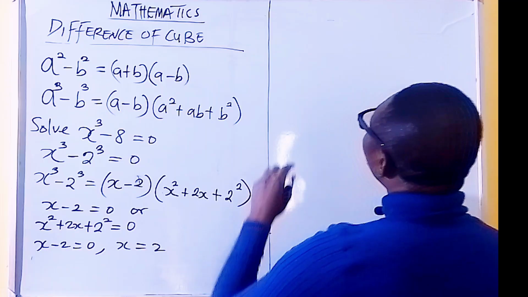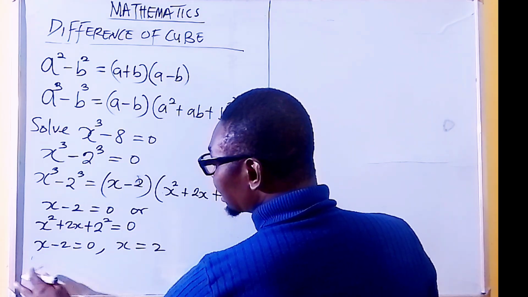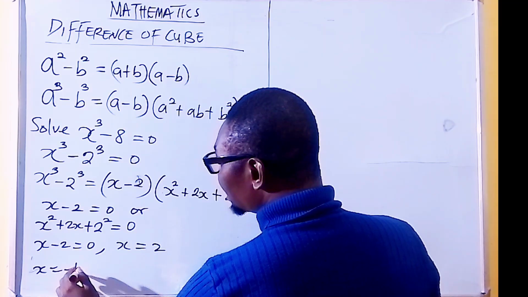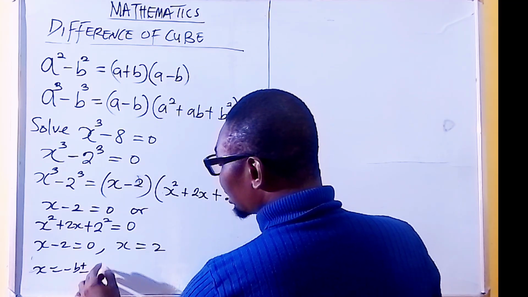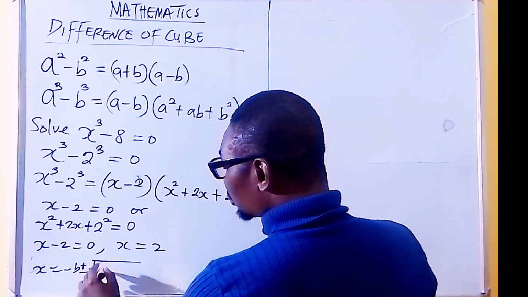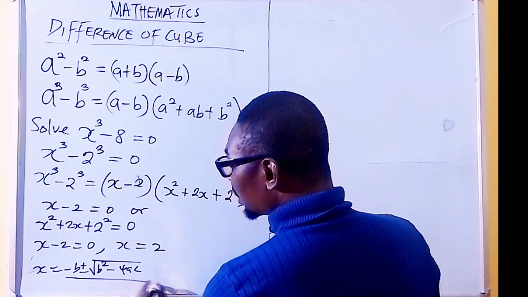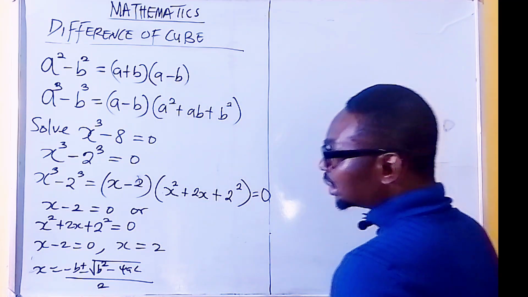So we now have, using the formula method, x is equal to minus b plus or minus square root of b square minus 4ac over 2a.